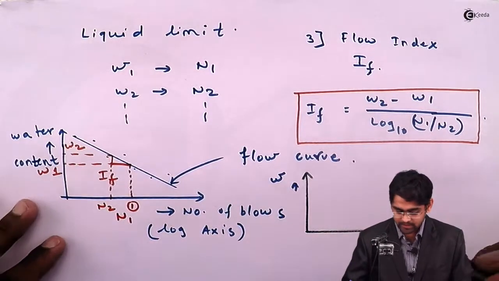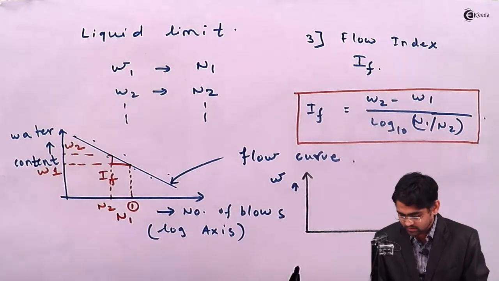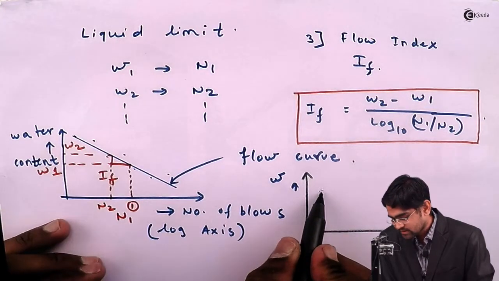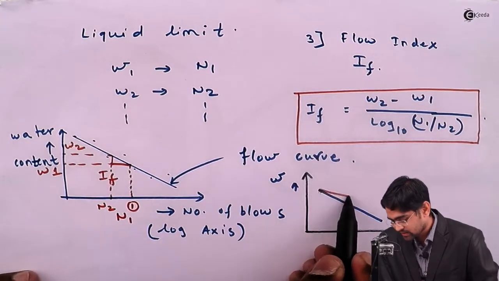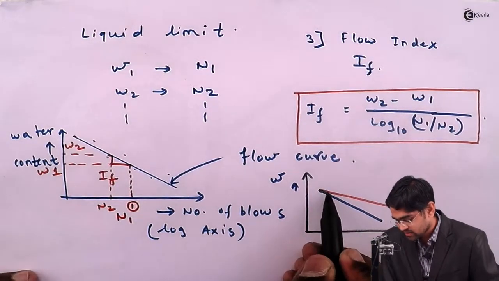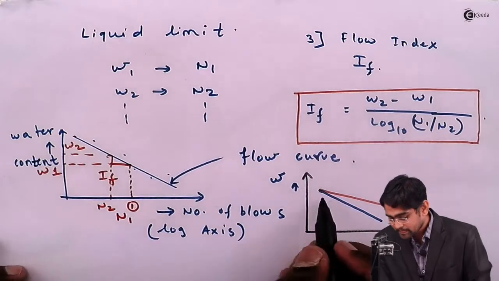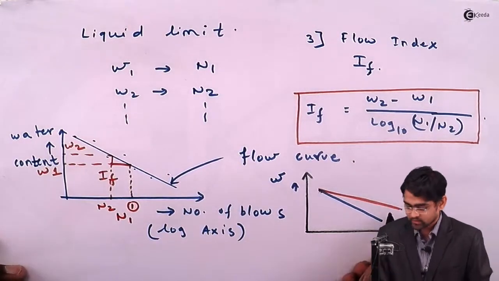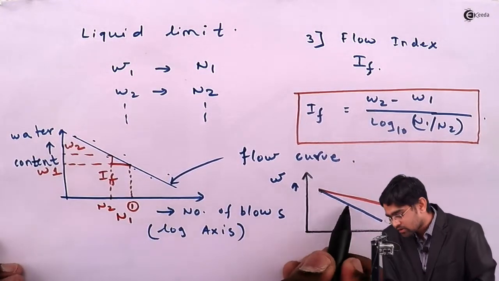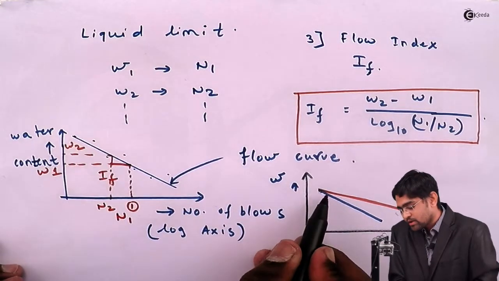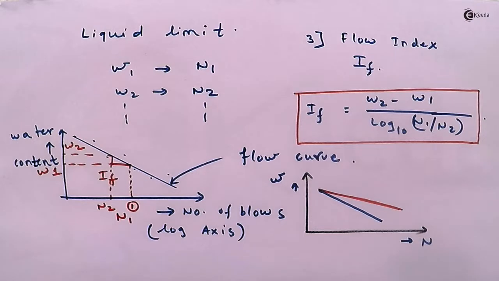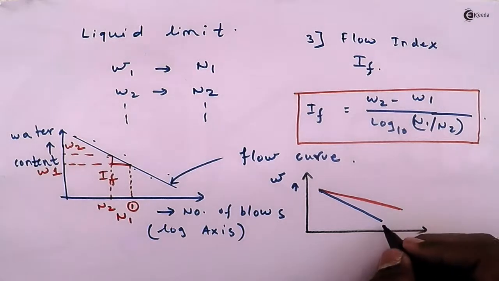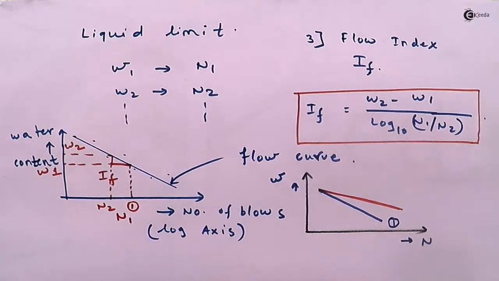One is like this, another one is flatter, that means which has got least slope. This got least slope, this has got highest slope. So as you go, it becomes steeper and steeper. So I'll take this case first and this case second.